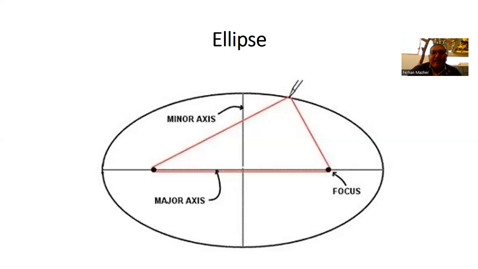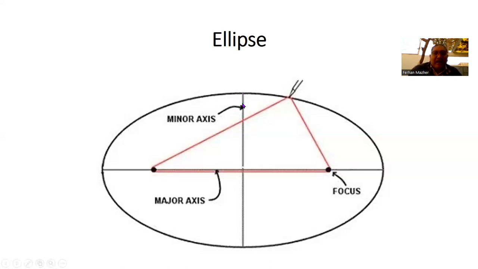Once you have done this, remove the pins, the thread and the pencil, and then join these two points by a line from this end to this end, such that the line passes through this focus and this focus. This is called the major axis of the ellipse.